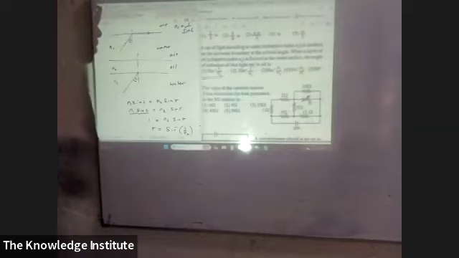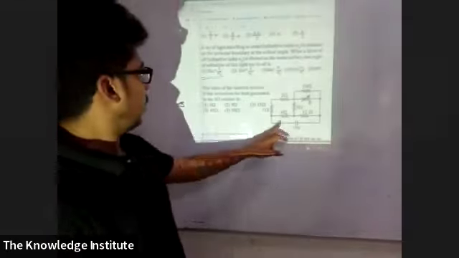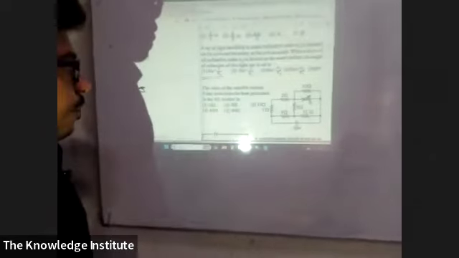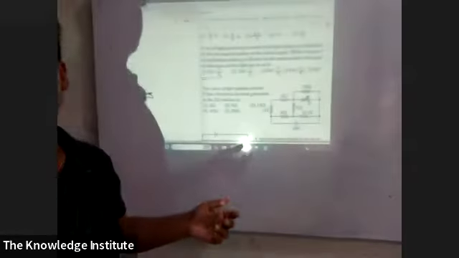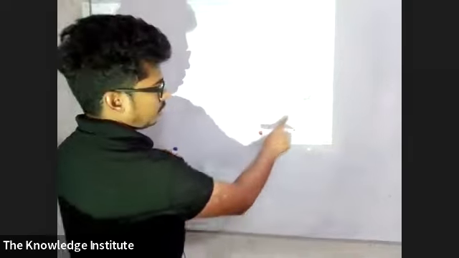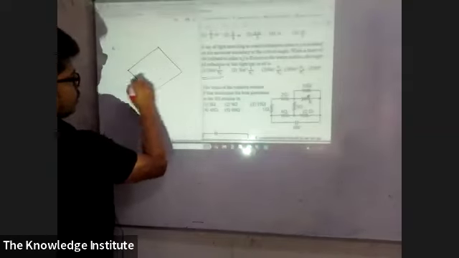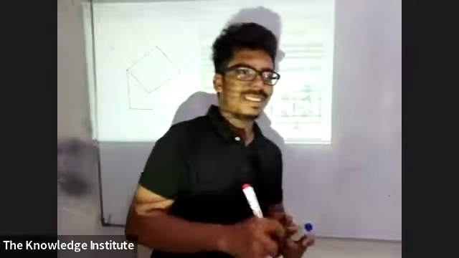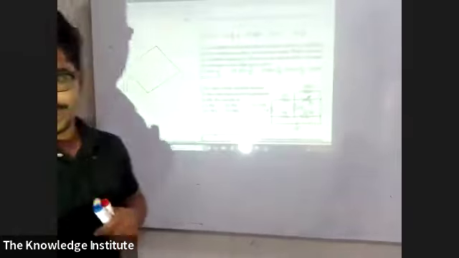The value of the variable resistor R that minimizes the heat generated in the 5 ohm resistor. To minimize this, the best thing is a Wheatstone bridge, so that no current flows through it. Sorry, I said meter bridge, but the meter bridge uses the Wheatstone bridge principle anyway.